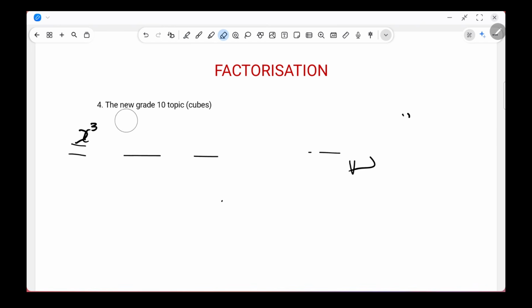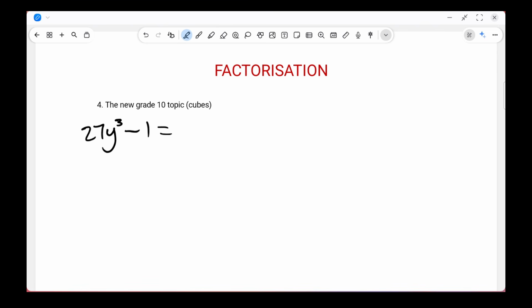Another example. Let's say we have 27y cubed equals minus 1. To factorize this, we must look, is it a difference of cubes?